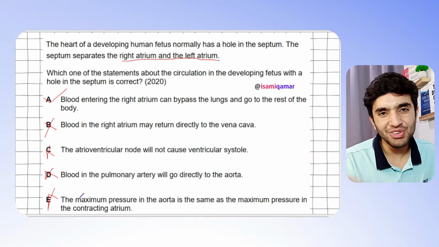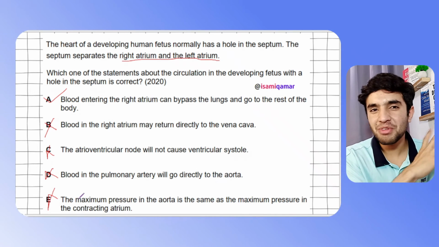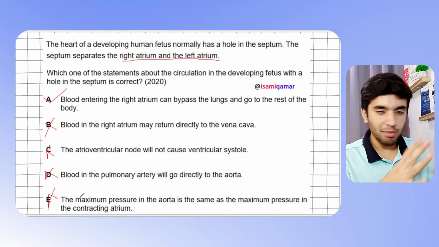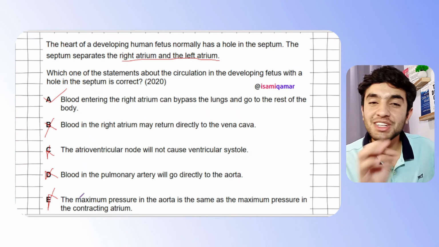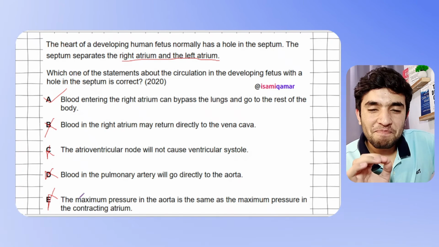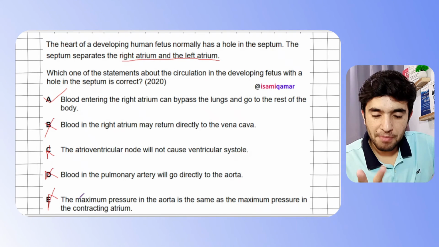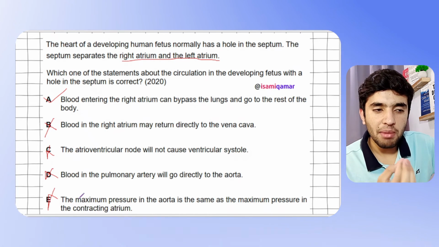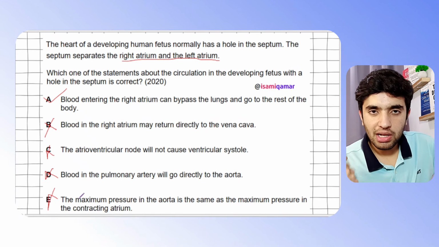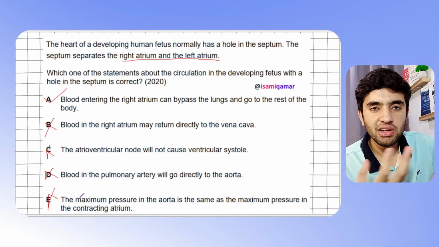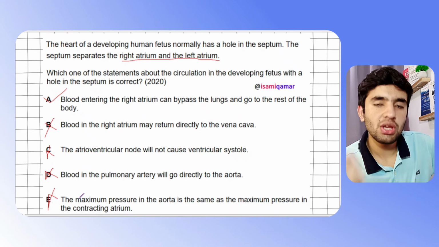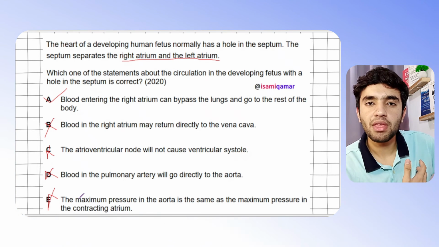mmHg. Sorry, I just forgot all that, due to tension, as I'm recording the whole video. At rest, in the atria there is 2 to 3 mmHg in the right atrium, while there is 6 to 7 mmHg in the left atrium.